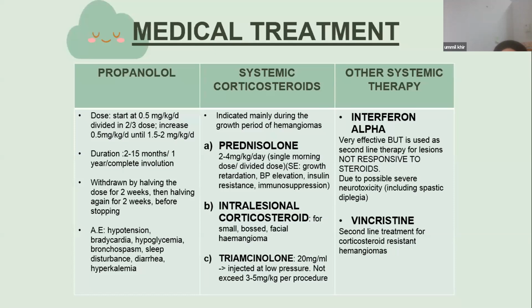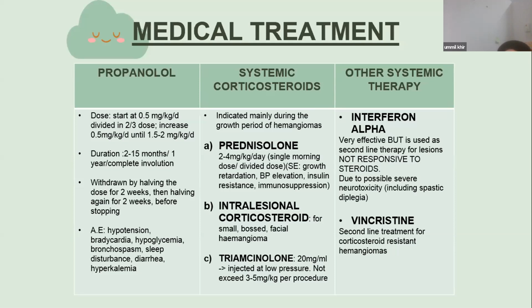The third one is triamcinolone. So this one, 20 milligram per ml, should be injected at low pressure, using a 3-ml syringe and 25-gauge needle, and must not exceed 3 to 5 milligram per kilogram per procedure. And the last one is other systemic therapy. Okay, we have here interferon alpha.